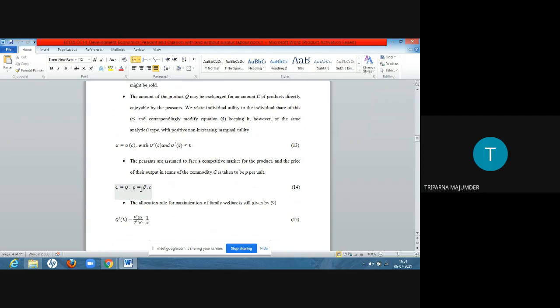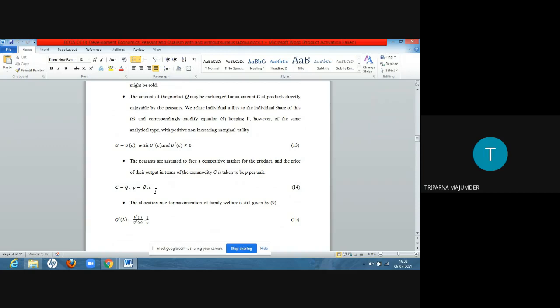Now, that is equal to beta into small c. Everyone consumes small c amount of that purchased commodity. All beta members consume the same amount. So we have this equation 14.